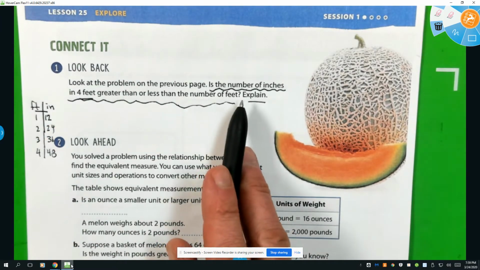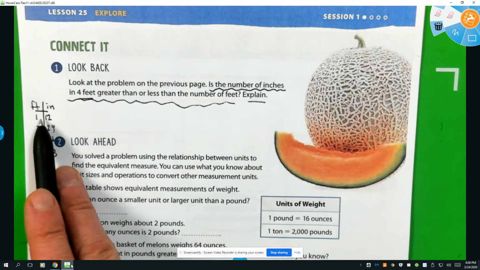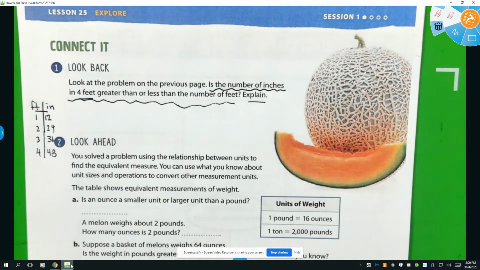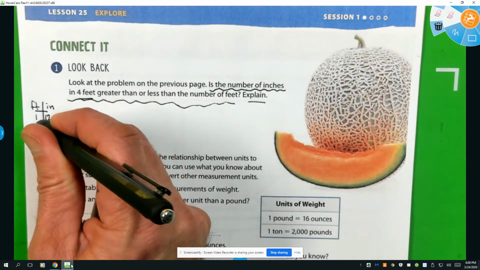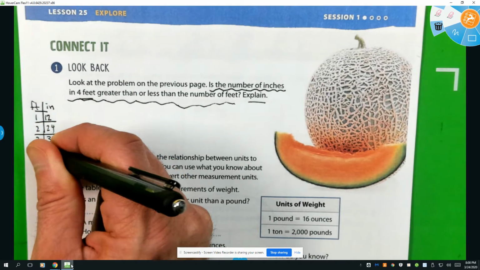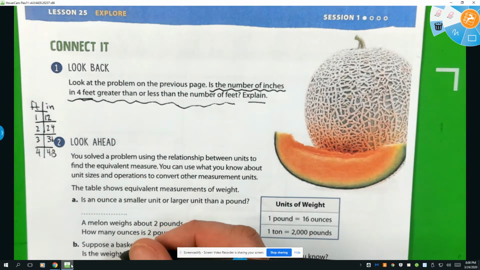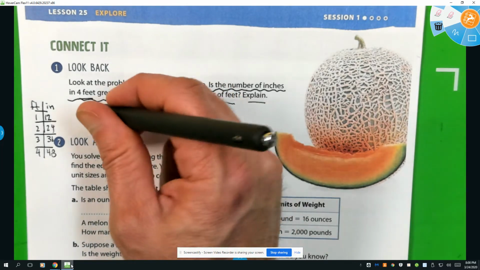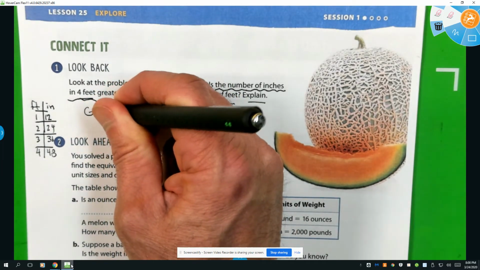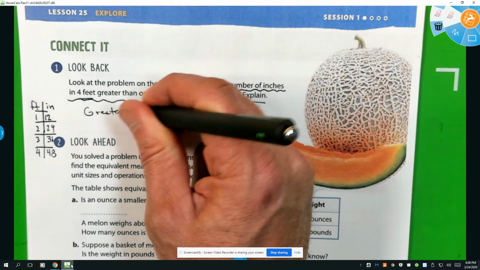So what it's asking is, is the number of inches greater than the number of feet? Well, obviously the answer is yes, but they aren't understanding the equivalency if that's the case. So we can put that the number of inches is greater than the number of feet.